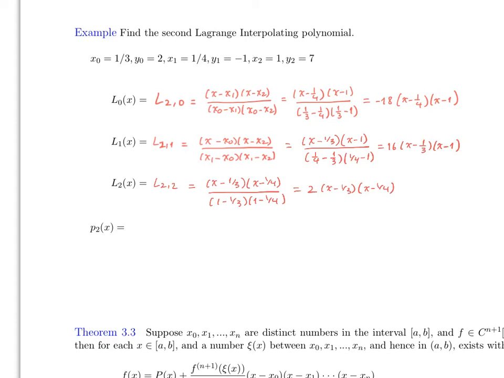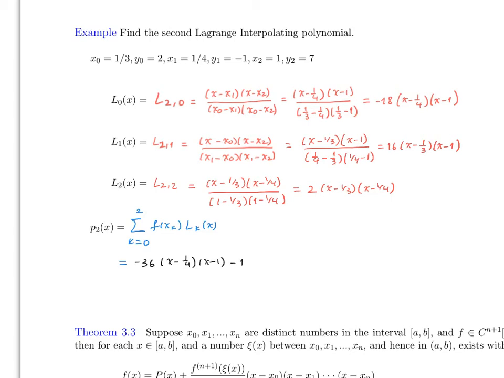Hence, the second degree polynomial is going to be the sum from k equals 0 to 2 of f of xk times Lk of x, just like the previous example. So if we plug in the values, we will get minus 36, which is 18 times 2, times x minus 1/4 times x minus 1.